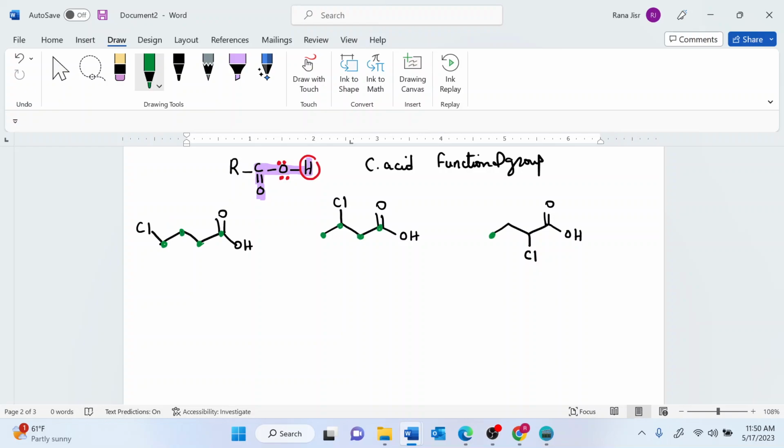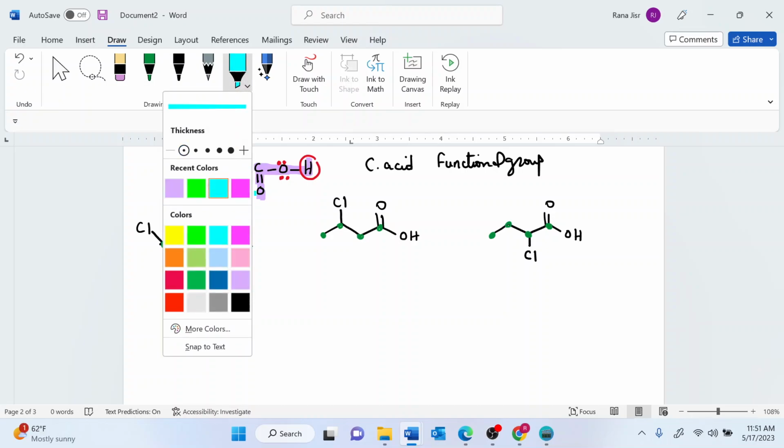Now, my question here: rank the acids in increasing acidity, from the least acidic to the most acidic. So what you need to do over here is to change every acid into its conjugate base. Now we know that all of these acids have the acidic hydrogen. Let's go ahead and highlight the acidic hydrogen.